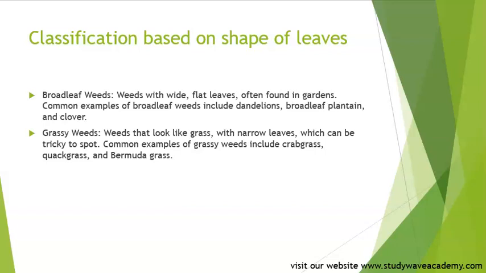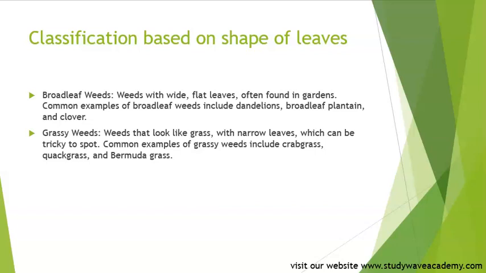So broadleaf weeds are a group of plants that are easy to identify because of their wide, flat leaves. These leaves are not thin and grass-like. Instead, they are broad and often have distinct shapes. They usually stand out because their leaves look quite different from the grasses around them.